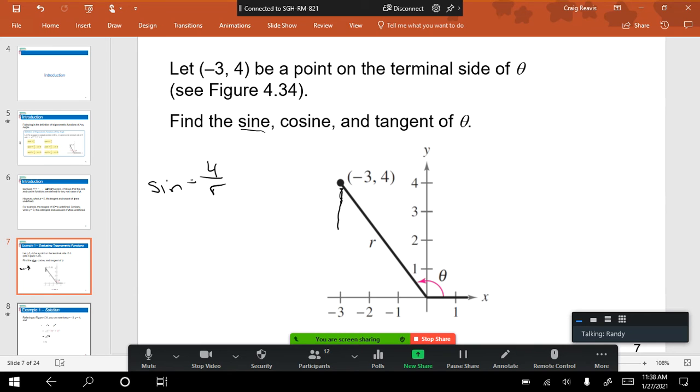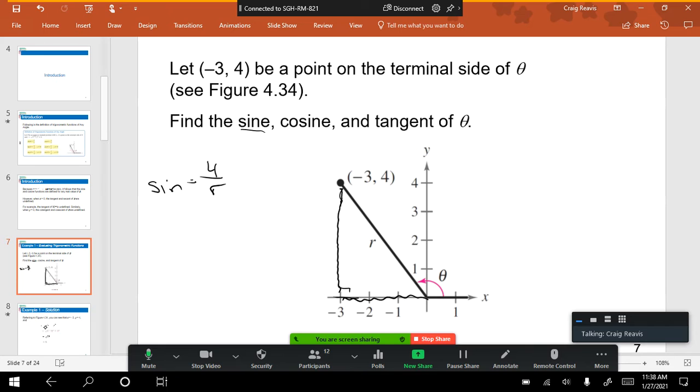It went all the way to -3. That's 3. I think what you're trying to say is you can set it up like a right triangle. That's it. So Randy has told us from home that we can set it up like a right triangle, just like they did in that unit circle video we watched.